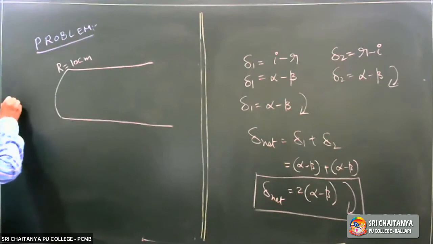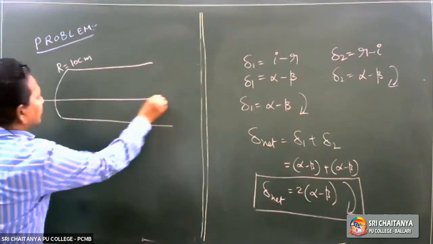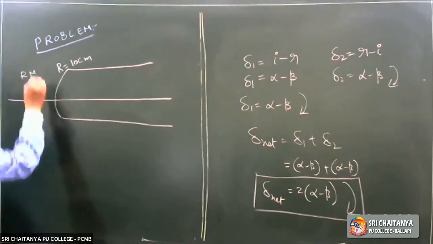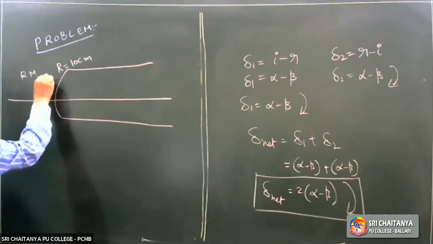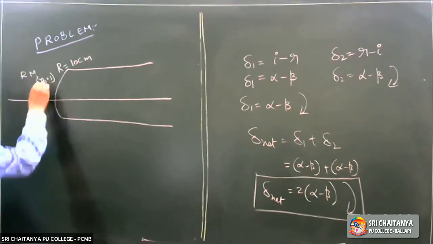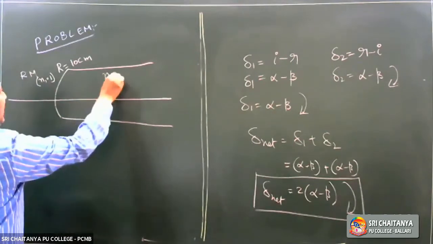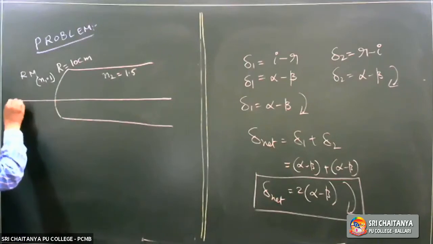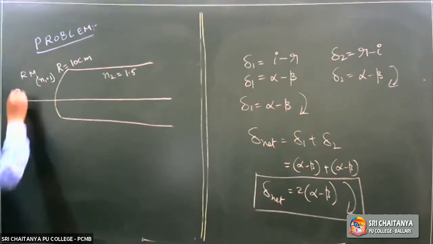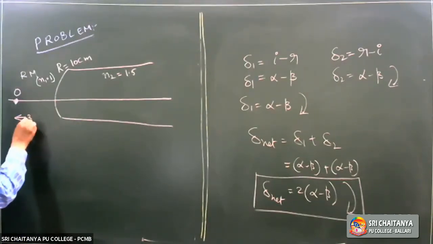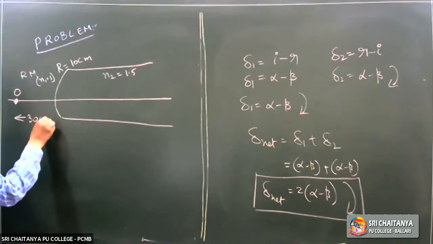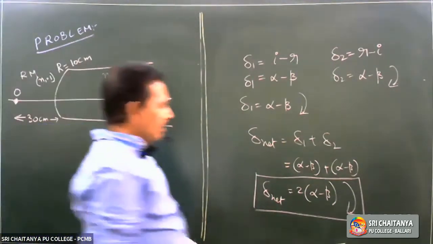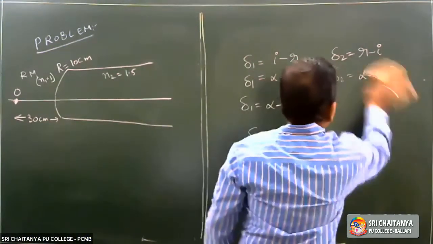Object in a rarer medium, air is the rarer medium. Denser medium, glass, 1.5. Object in the rarer medium at a distance of 30 centimeters. You are asked to find out the position of the image.